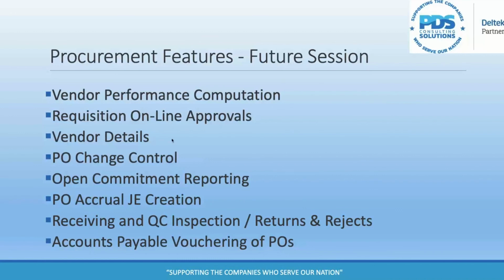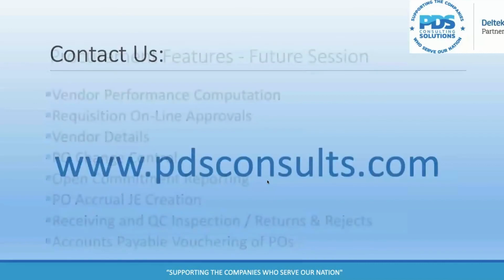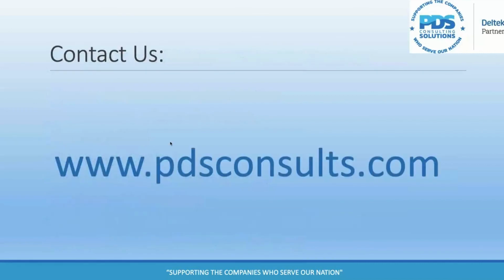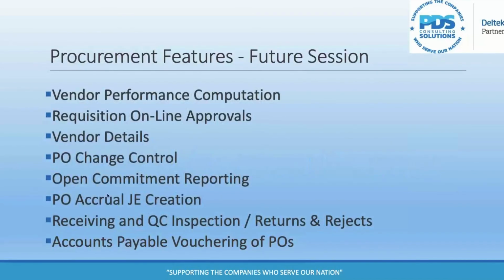We maintain our vendor details about payments and so forth. Purchase order change control. We have a formal change control which locks in previous versions of the PO so they can't be altered. We have the open commitment reporting, which we might explore in more detail. We have PO accrual journal entry creation, which is based off of the commitment report.